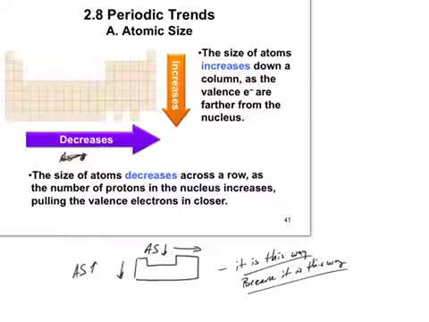And that's kind of a weird why, but the reason is the protons can actually attract the electrons more readily going across than they can going down. Okay? So atomic size decreases as you go across a period, and it increases as you go down a family.